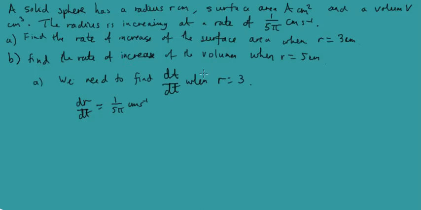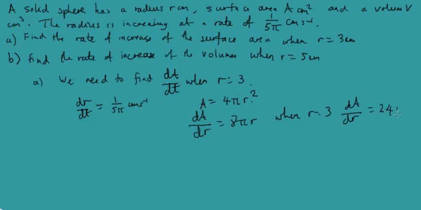And we now need to find out what is the change of the surface area. So the equation for the surface area of a sphere is 4 pi r squared. So we're going to differentiate that with respect to r. So we'll get 8 pi r. And when r equals 3, dA by dr is going to be 24 pi.